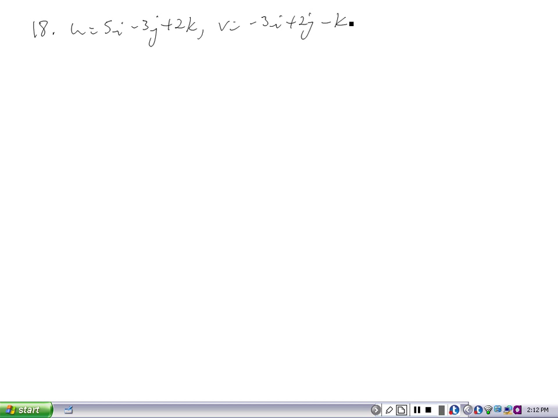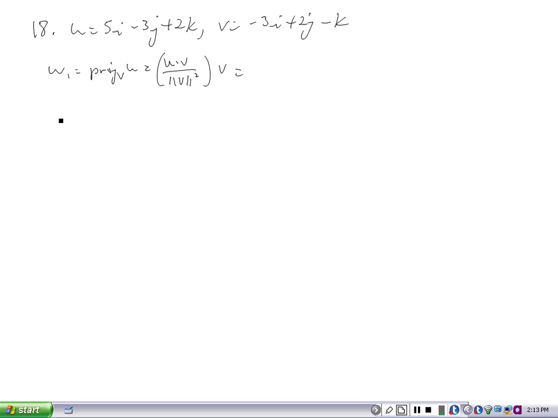Remember that this is w sub 1. This is the projection of u onto v, which is u dot v divided by the norm of v squared times the vector v.